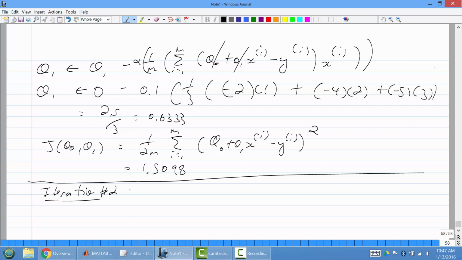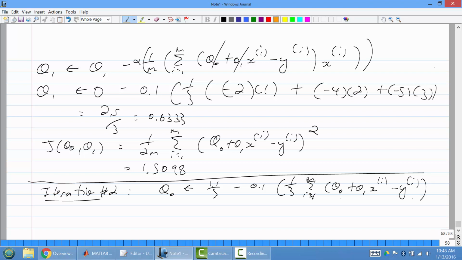Okay, so iteration 2. So what you need to do now is you have to do the update. So in this case, the previous value was 1.1 over 3, and then you need the alpha, and then you have 1 over 3, and then you need to sum over all the values, right? So you have theta 0 plus theta 1 xi minus yi.